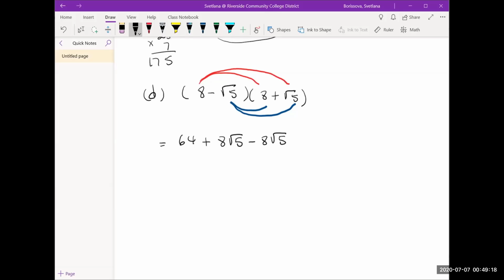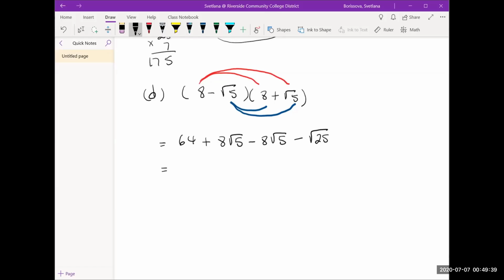One is inside and one is outside. And then finally, negative square root of 5 times positive square root of 5. So the sign will be negative, but then they're both 5. Since both 5s are inside the radical, we can multiply them. So that becomes square root of 25.